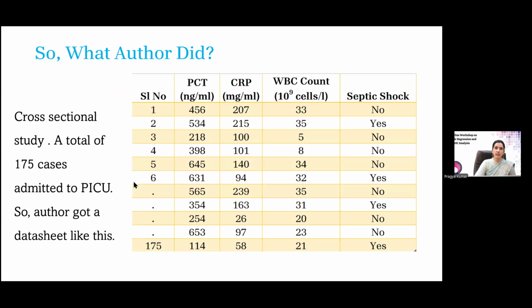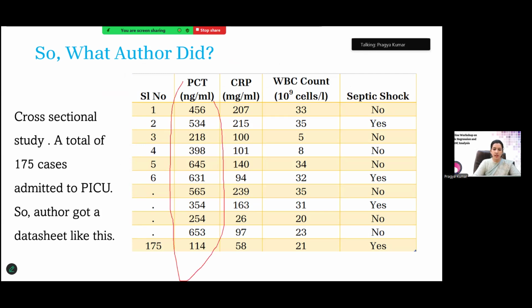So the author took 175 cases who were admitted to the PICU, and they got a data sheet like this. 175 cases in the first column, then the value of procalcitonin, the value of CRP, C-reactive protein, and WBC count, and then the presence of septic shock.